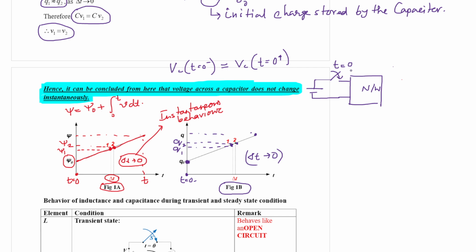At t equal to 0, we refer to it as the transient state, quite obviously, because it will undergo some disturbance.